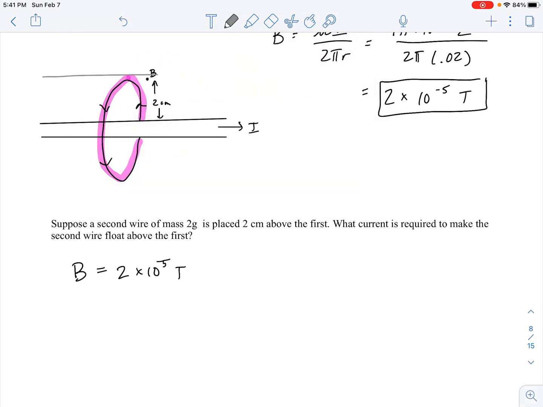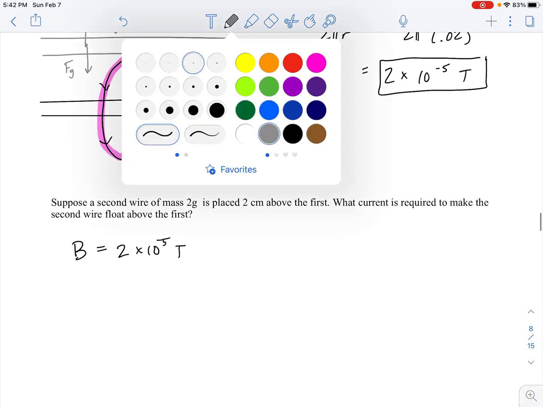So what we're doing now is we're coming in with a second wire. It's going to have a current in it. We saw earlier that currents in the same direction attract, so the current must be in the opposite direction. We want to know what that current is. We are going to need a magnetic force that's going to hold up the weight of this wire.